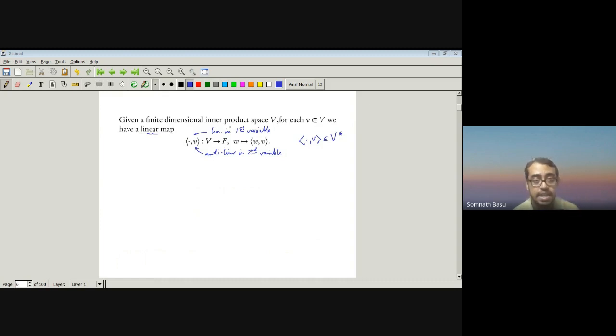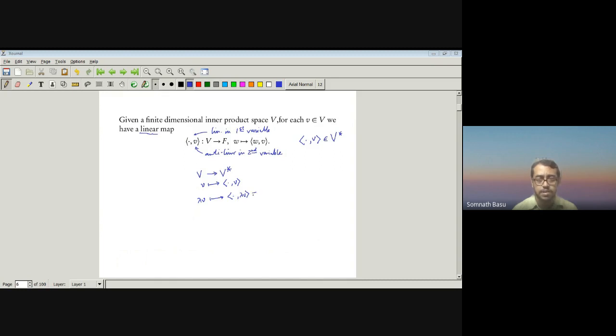So what is it saying? It's saying that given an inner product, you can define this map from V to its dual, where little v goes to this map. And if you ask, is this a linear map? What would be your guess? Well, it's additive, that part is clear. But if I scale v by lambda, on the one hand it goes to this map, so given a w, you take w dot lambda v.